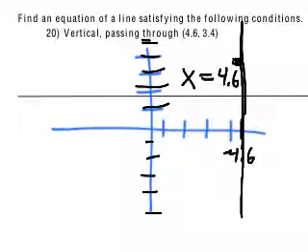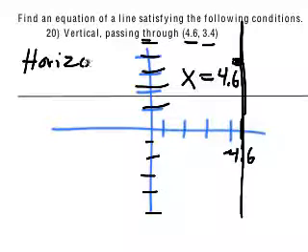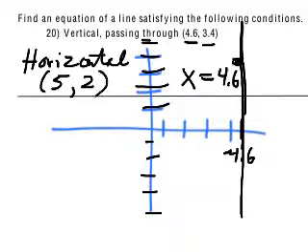Let's say it was a horizontal line. Don't get scared if you see decimals. Just because it's a decimal, it's just a place on the x. So now if we had a horizontal line, and it passed through this point, 5, 2. 5, 2 would be right around here.